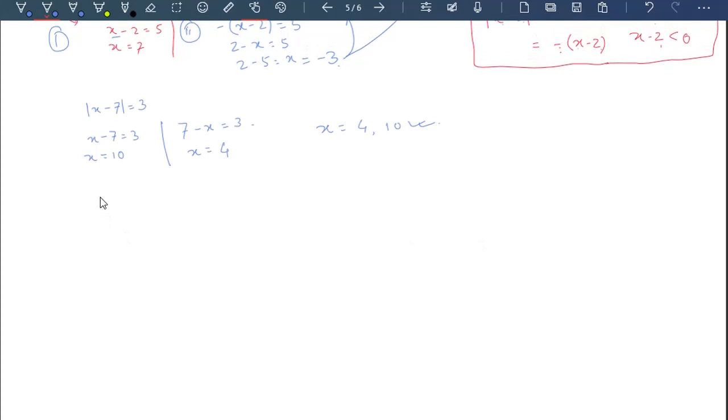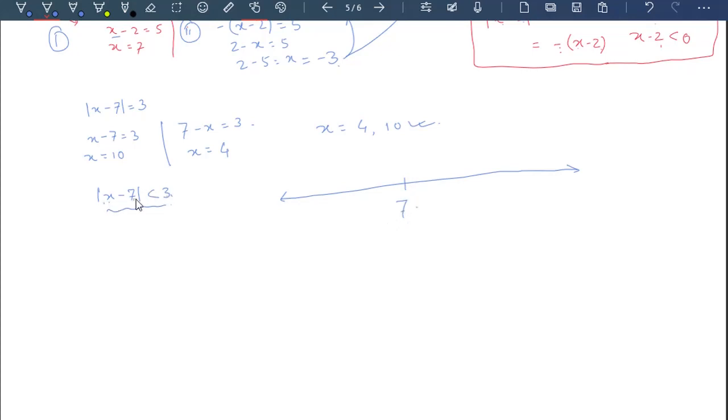Okay, now if anyone tells you modulus of x minus 7 is less than 3, how will you solve it? First, see it geometrically. This is your 7.